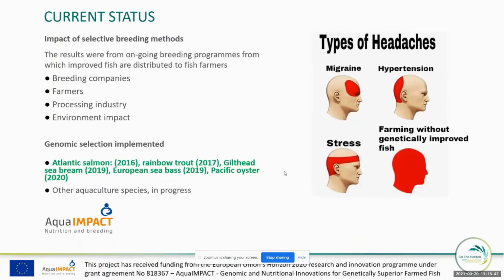Genomic selection itself has been implemented in commercial breeding programs starting from 2016. And in Aqua Impact, we develop more sophisticated ways for genomic selection, and especially more cost-efficient ways to implement it, because there is great interest to implement it in more and more breeding programs, and this is our focus.